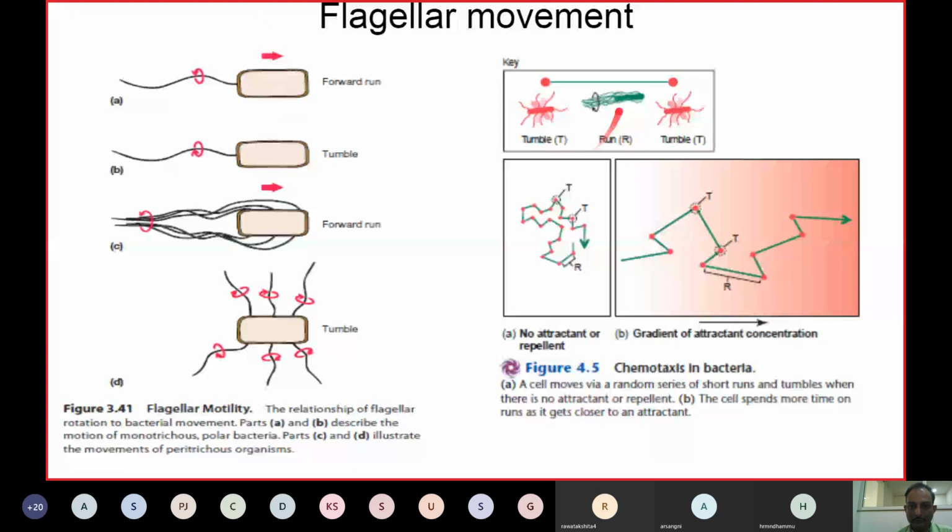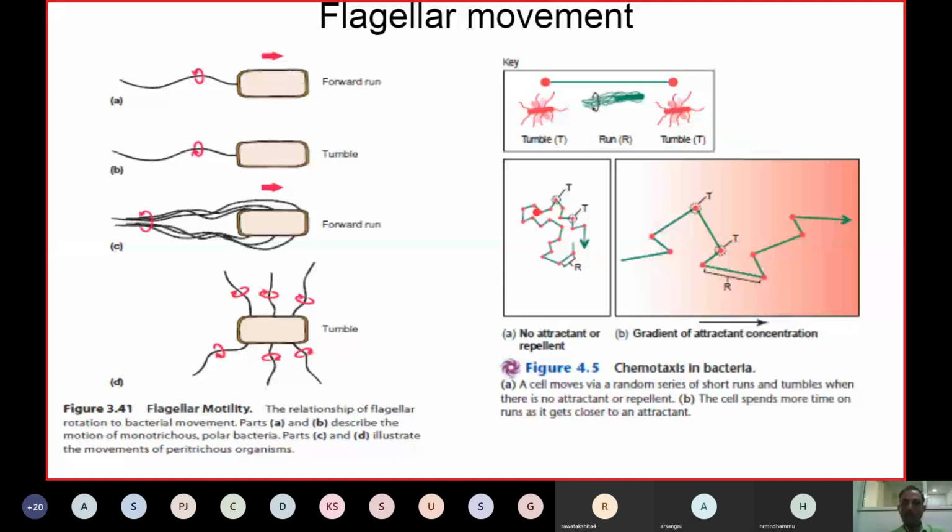Here is a picture where you can see all the flagella moving anti-clockwise, then it is a run. But if each flagellum moves clockwise, then it tumbles.